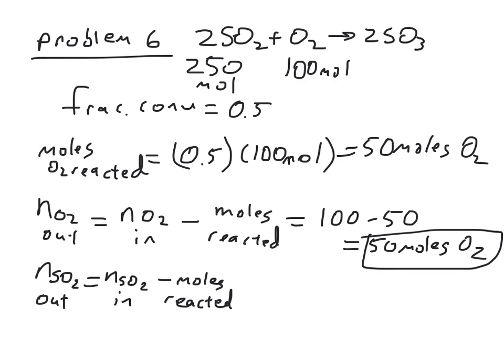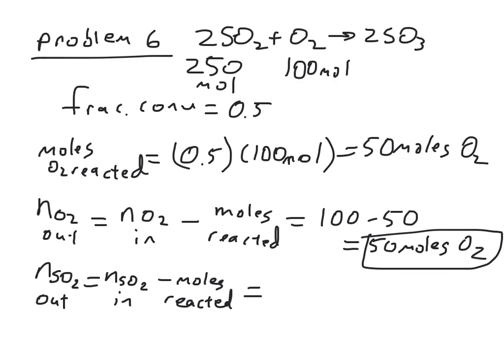Next I'm going to examine SO2 to find out how much is leaving our reactor, and that's equal to the number of moles of SO2 coming into the reactor minus the amount that reacts in the reaction. And we can find that from this information based on how much O2 reacts.